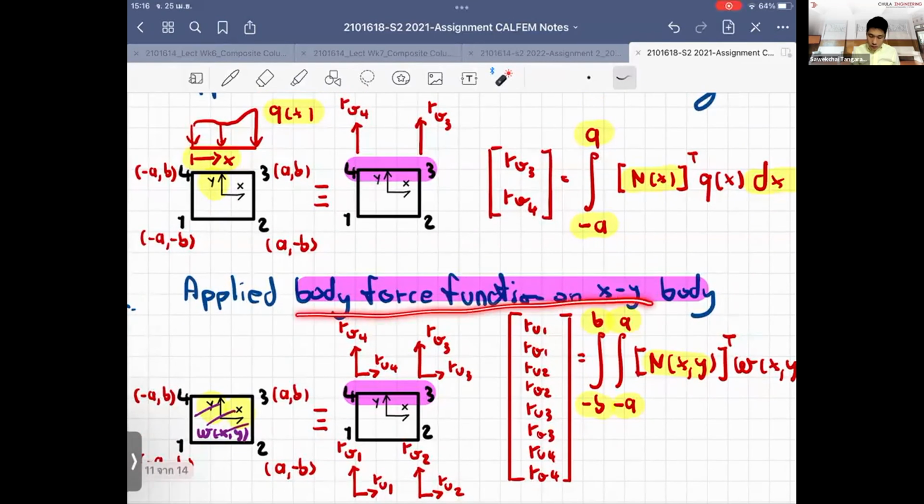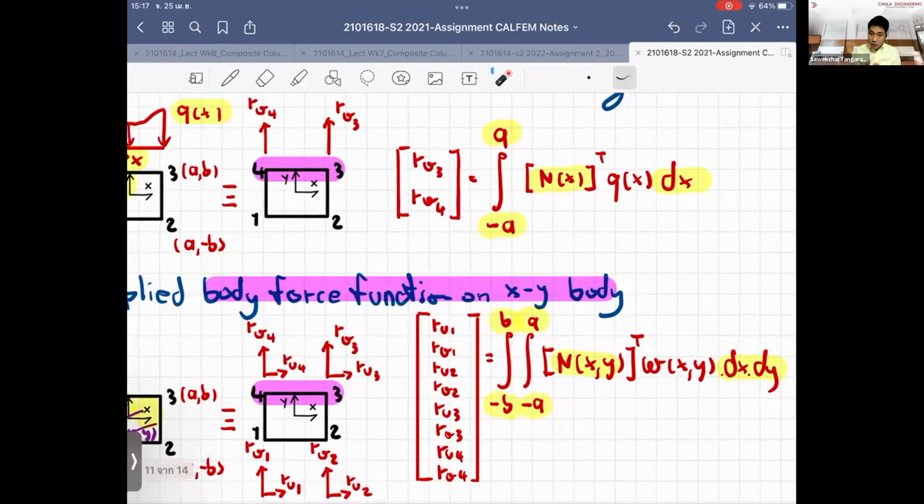And if you're looking at the force distributed in two-dimensional space, such as the surface or the body of the structures, in which you have the load as a pressure, the pressure is the force per unit area. If you want to obtain the force at the four nodes, you use the four-node shape function and take a double integration.